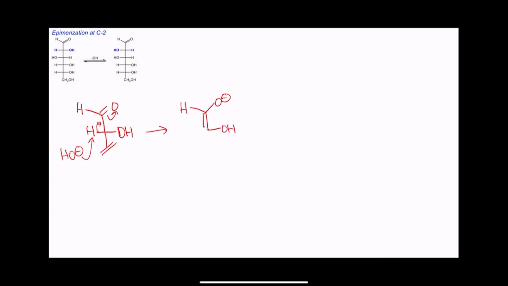Once you're here, the electrons in that double bond will come out to grab another hydrogen, and in this attack you flip your stereochem. One thing to note is that you're going to get a 50-50 ratio of each version in your product.